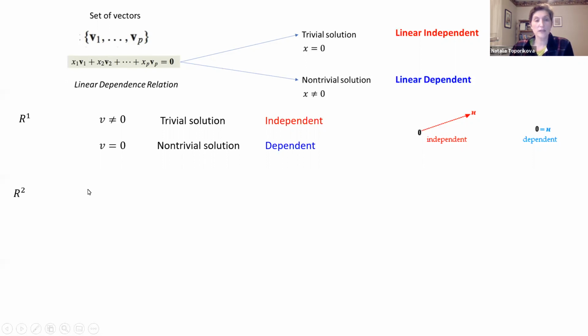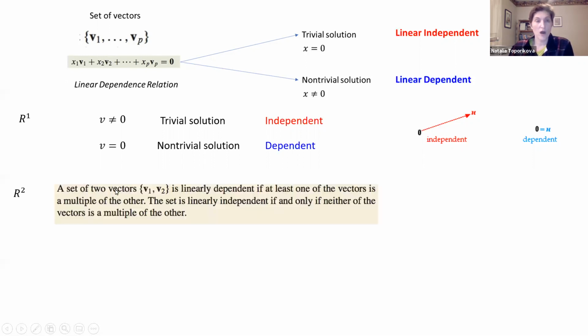And there is a really nice theorem in chapter 1.7, which I strongly recommend you work through, which tells us that a set of two vectors is linearly dependent if at least one of the vectors is a multiple of the other. Since we know that vectors which lie on the same line are multiples of each other, we can easily visually recognize this dependence.